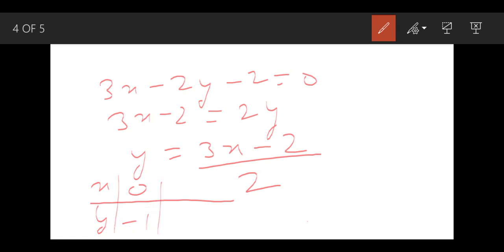If we take 2, 3 into 2 is 6, minus 2 is 4, upon 2, we will get 2. If we take 4, 3 into 4 is 12, minus 2 is 10, 10 upon 2 is 5.